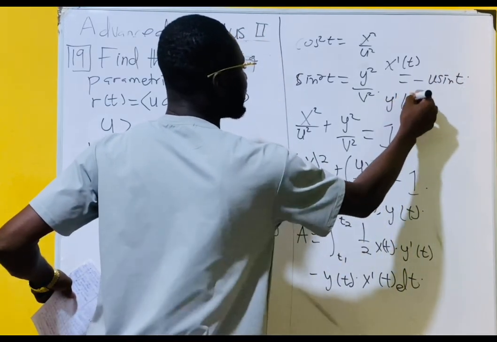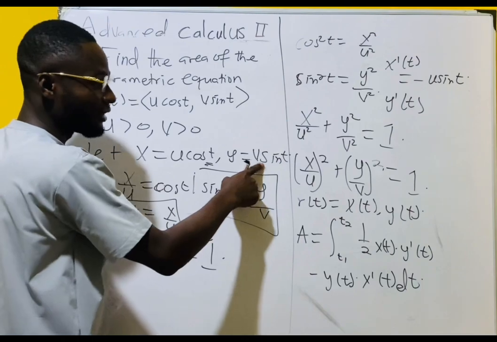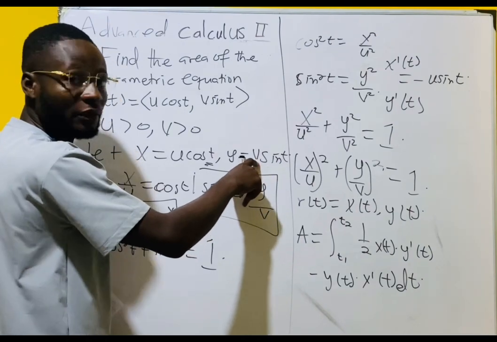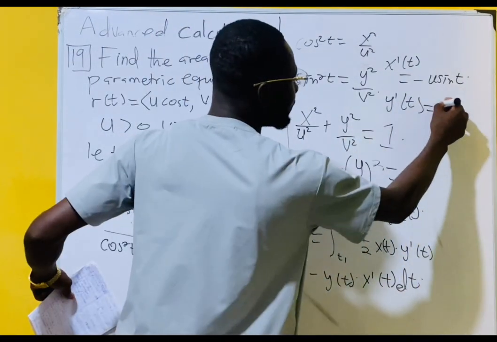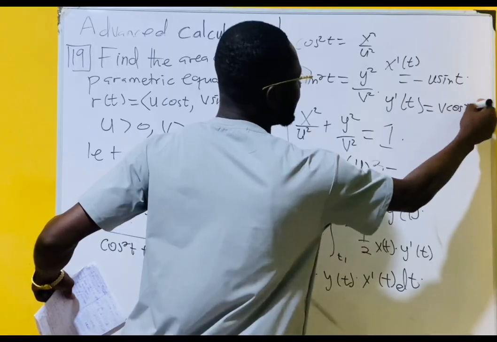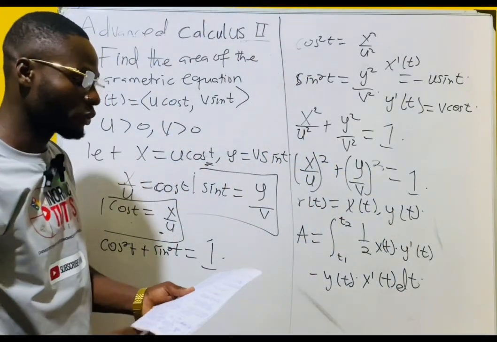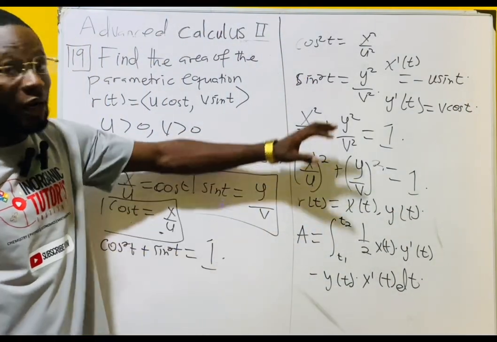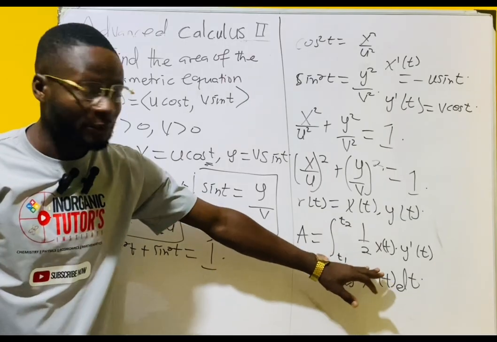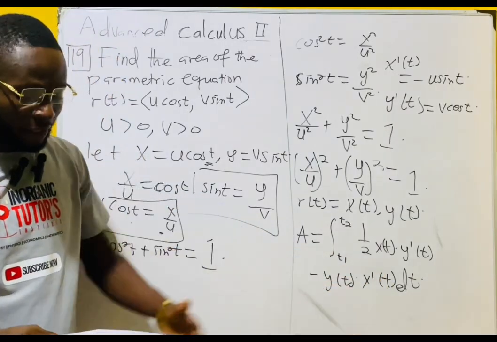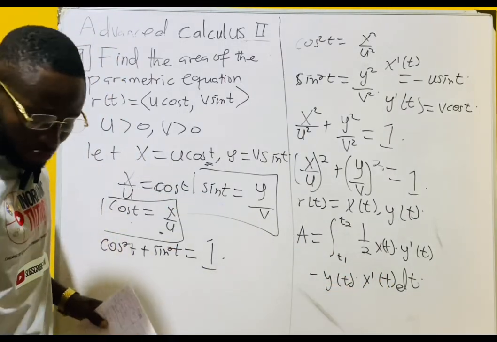And when you differentiate y equals v sin t, you're going to have v cos t. Okay, so we have all that we need. So we're just going to substitute in here to find our area.